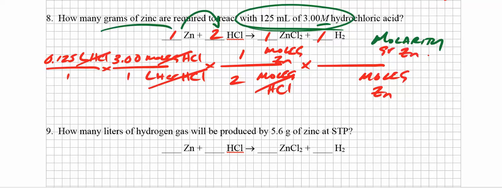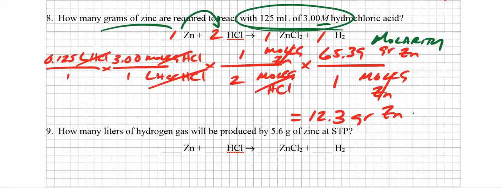So grams of zinc in the upper right, and here we go, 65.39 grams per mole. Moles of zinc cancel, and when I do this calculation, here's what I get. To 3 significant digits, 12.3 grams of zinc.